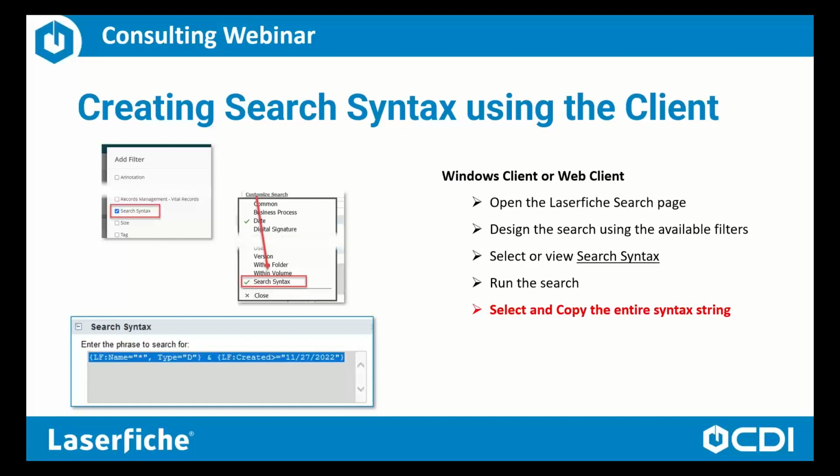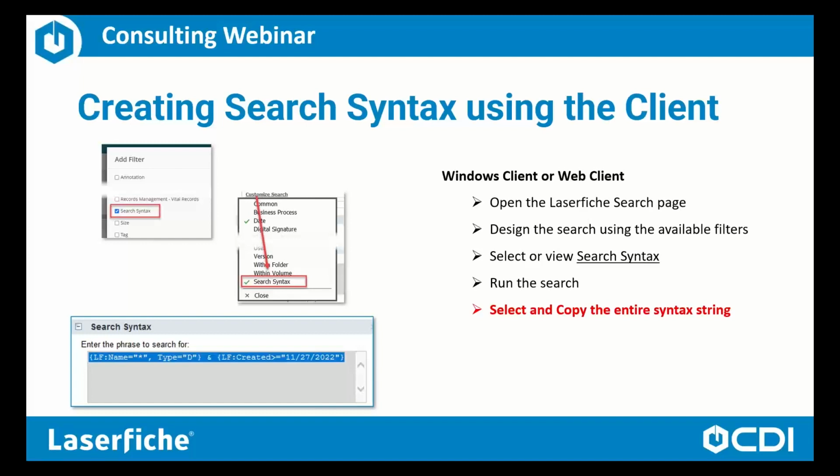After we design our search, we can click the search button to run our search. And at that point, the search syntax will be pre-populated for us by the Laserfiche client with exactly what we have configured in our search UI.